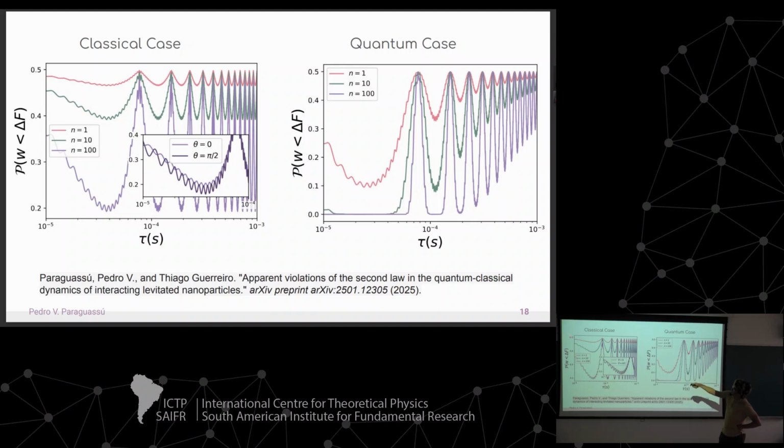You see the classical case is bounded by 50%, depending on the number of phonons in my coherent state, and it will have more probability to have these apparent violations. But in the quantum case, as I increase the time of interaction, the probability starts rising. So this is on arXiv right now. We sent it to the referees.